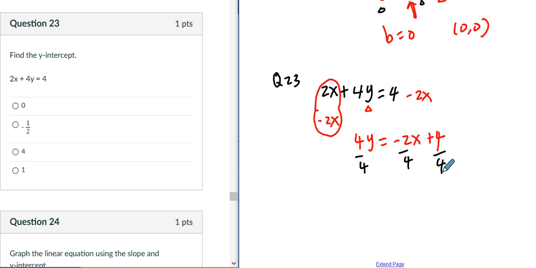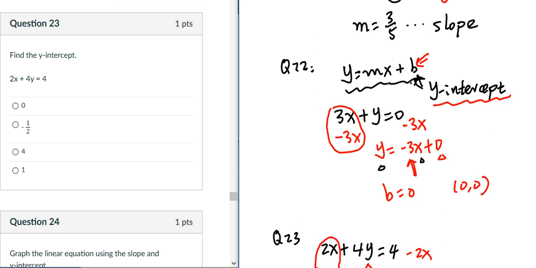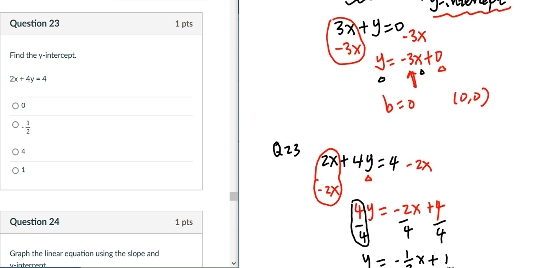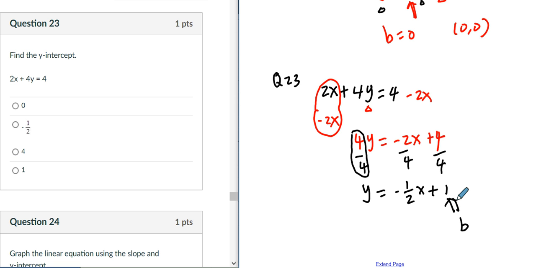And then here we have y standing alone because 4 divided by 4 is 1. Here 2 divided by 4 is negative 1/2. And here is 1, and here is our b. So b is 1.